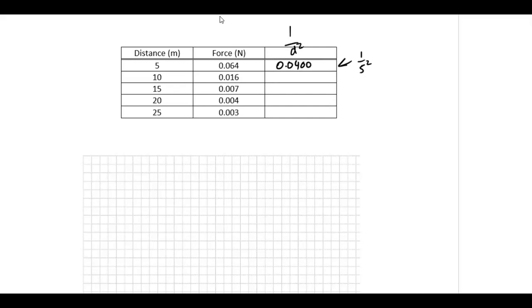Now I'm going to add a couple of zeros there, and you'll see why here in a moment. 1 divided by 10 squared is 0.0100. 1 divided by 15 squared is 0.0044. 1 divided by 20 squared is 0.0025. And 1 divided by 25 squared is 0.0016.